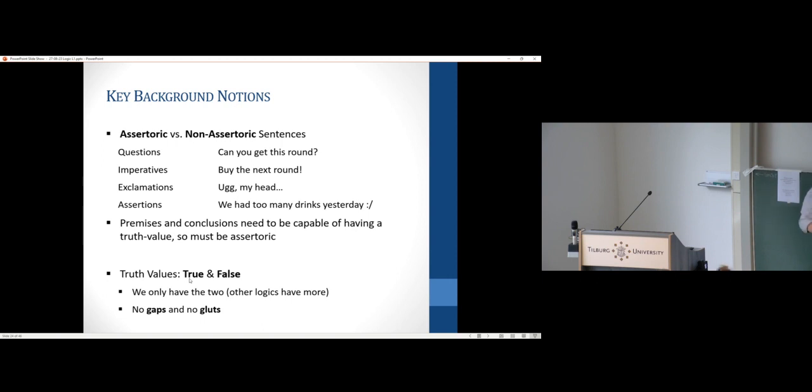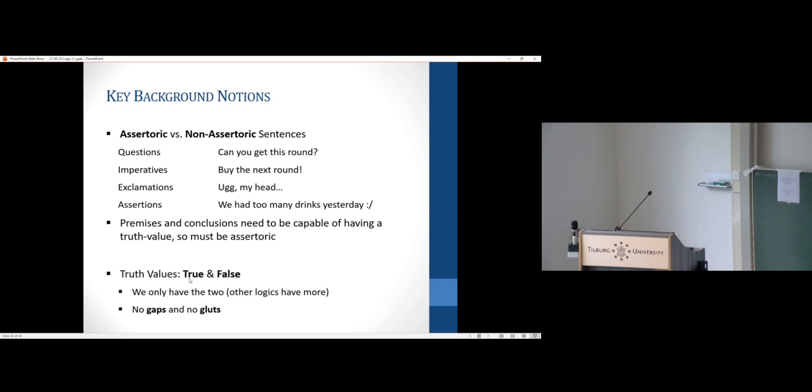Does Watson have an even or an odd number of hairs on his head? The story doesn't say. It just seems like it's not something that's true or false in the story. It's a gap. And maybe fiction is the kind of thing where we could have gluts, that is, sentences that are both true and false according to the story. Again, something to come back to.